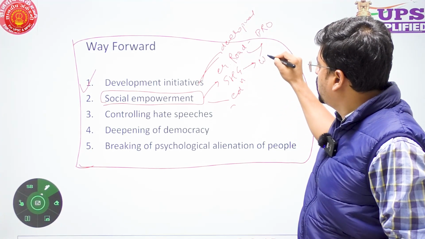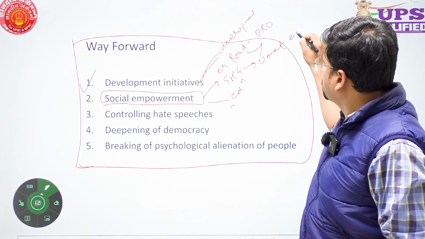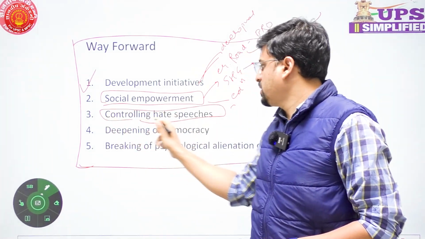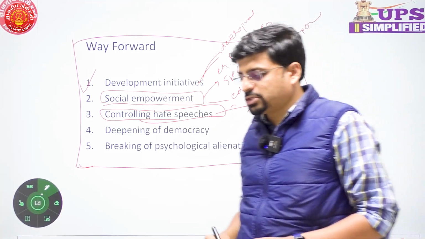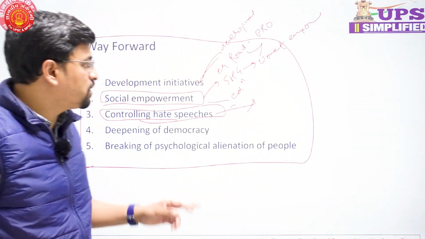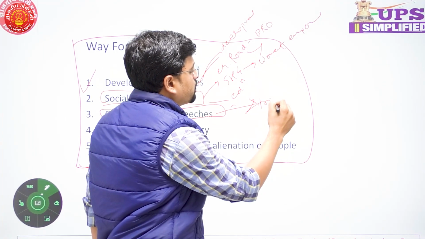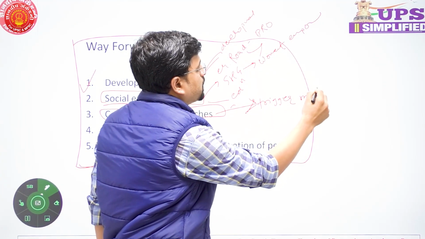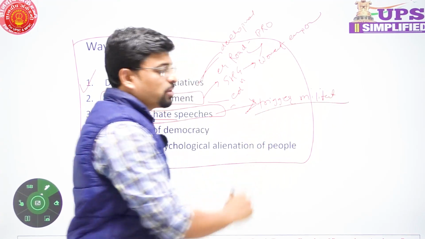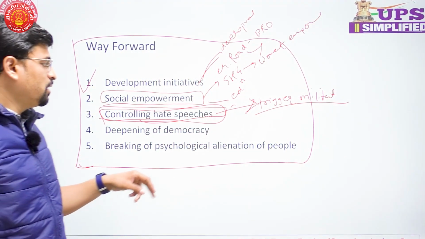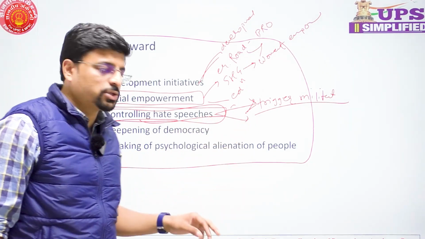SHGs can ensure women empowerment. Thirdly, controlling hate speeches, as we know that hate speech is one of the most important factors which triggers militant activities, especially in Jammu and Kashmir or northeastern areas. We can control hate speeches through various law and order initiatives.